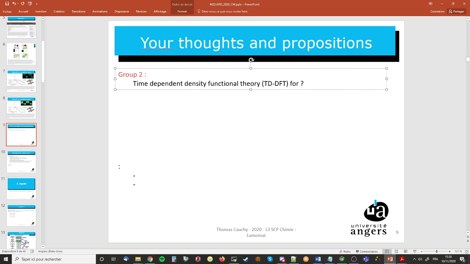And to calculate what? The absorption spectra and HOMO-LUMO. Of what? Of the molecule.